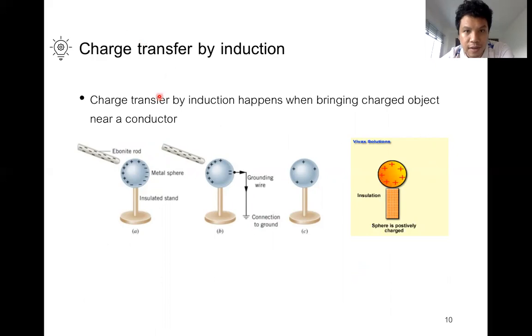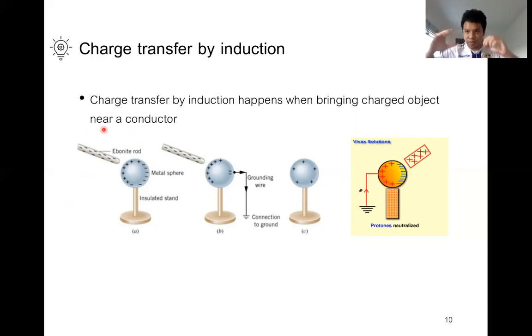The charge transfer by induction happens when bringing the charged object near the conductor. So if I bring the negatively charged rod near the metal conductor, at the first step, what we do here is bringing it near, but not touching.